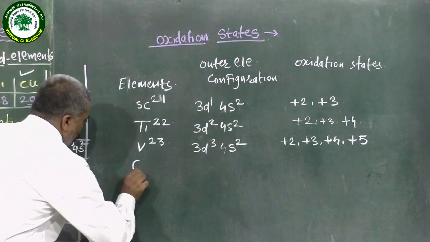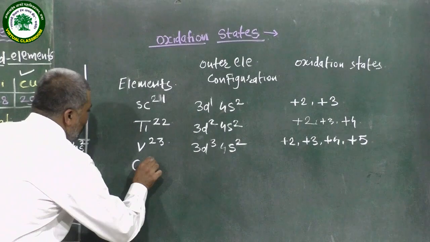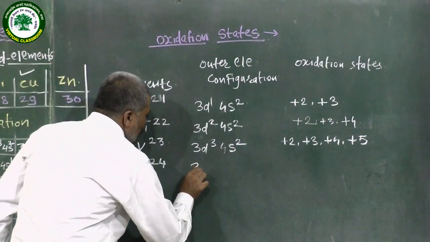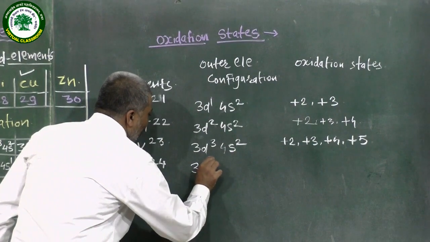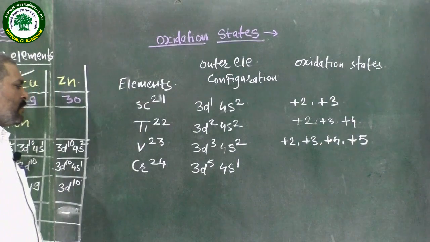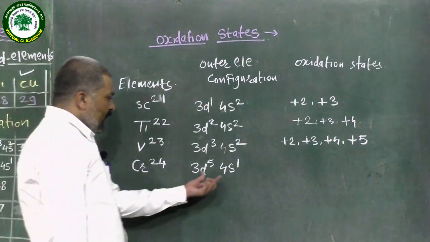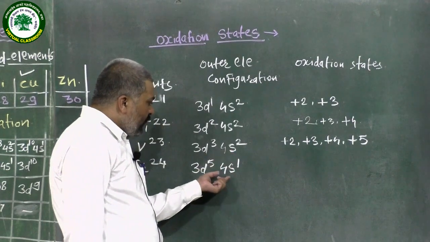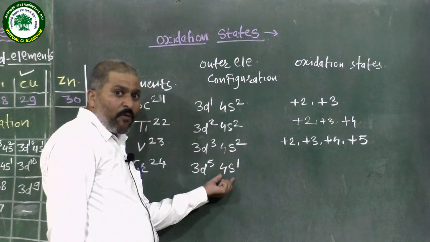Then the fourth element, chromium, having atomic number 24 and its electronic configuration is 3d5 4s1. Because of that, in chromium, the first electron is lost from 4s.